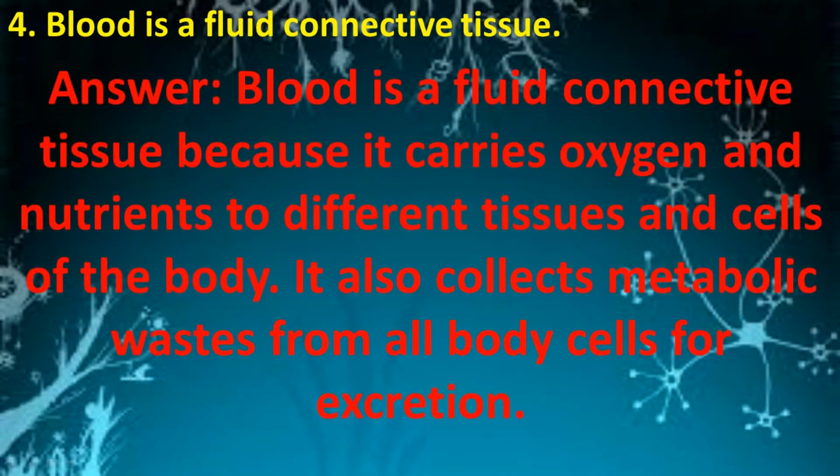Answer is blood is a fluid connective tissue because it carries oxygen and nutrients to different tissues and cells of the body. It also collects metabolic wastes from all body cells for excretion. Next question.